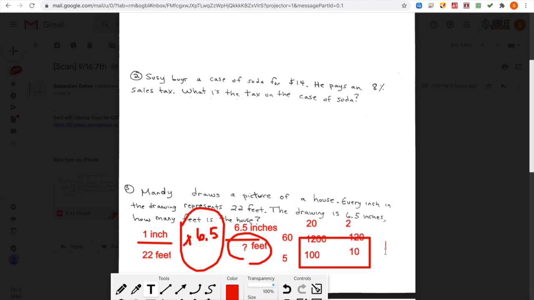When I add all of these up, I should get 1,300 and 1,400 and 30, and I'm going to have one number behind the decimal, so that's going to come out to 143 feet. So the correct answer would be 143 feet. So what you want to do is make sure that you have your ratio set up, and make sure that you can divide whichever one you have a pair of, so you can find the proportionality, or what you're going to have to multiply the bottom by.